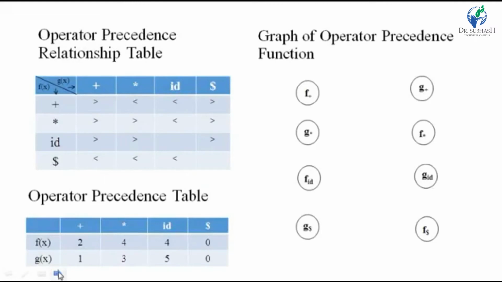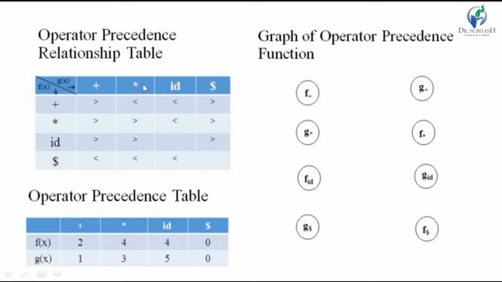So for E gives E plus E, E gives E star E, and E gives ID. In this grammar, we have three input operators: plus, star and ID. For the end of string, there is one dollar sign.